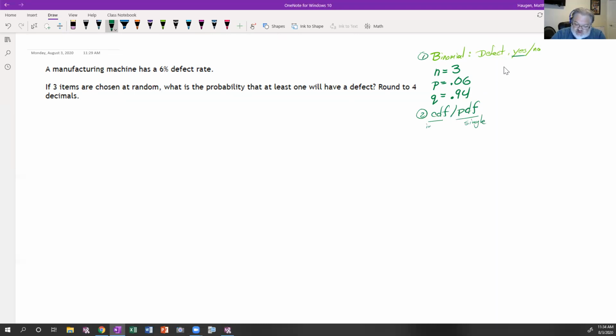As soon as we see anything other than the probability that it's exactly 1, or exactly 2, or just 3, any at least or at most are all expressing intervals, so they're all CDF questions. The nice thing about this is we only have 3 trials. So how many possible outcomes are there when there are 3 trials?